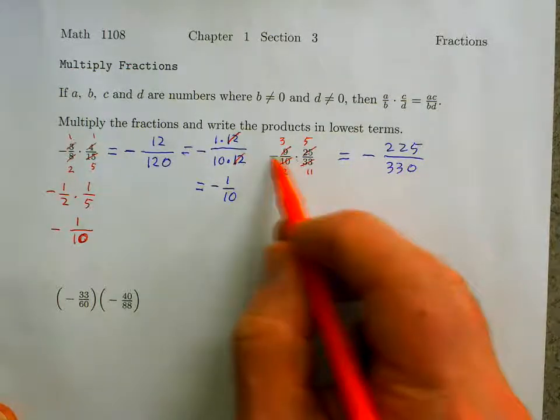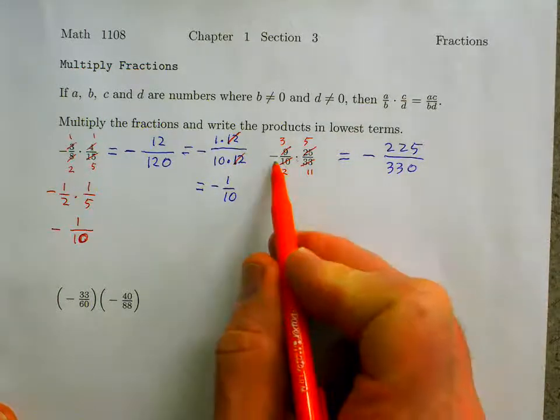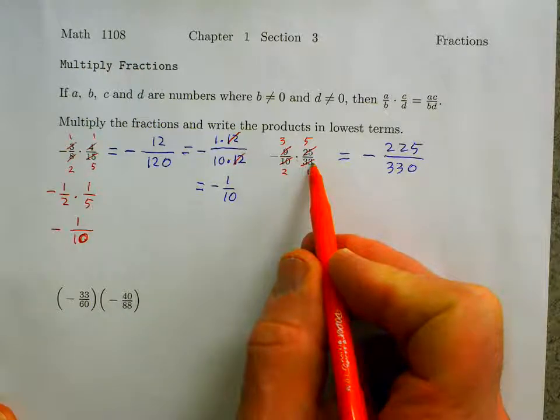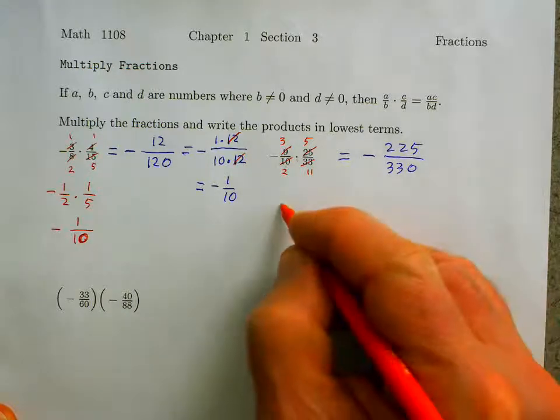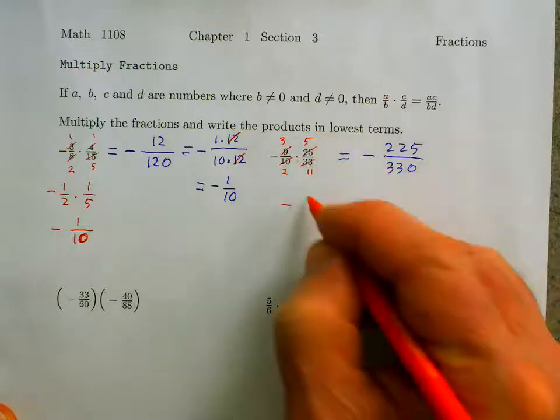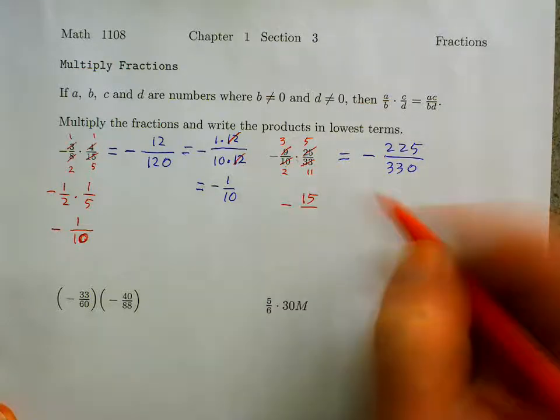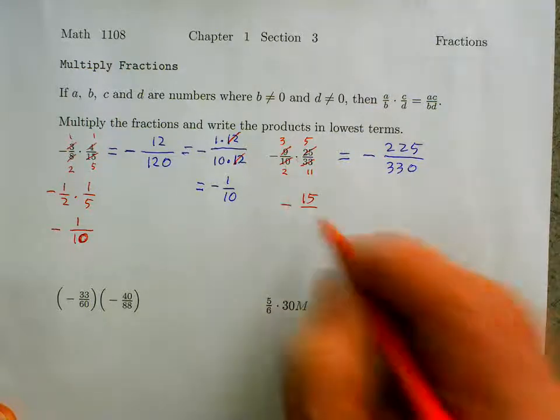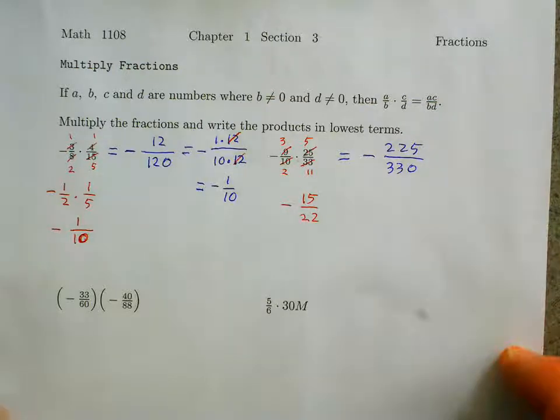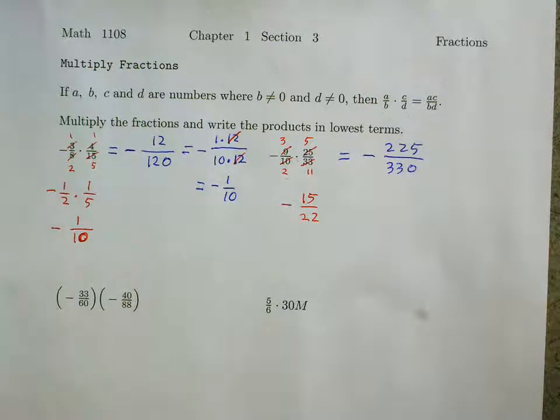And our fraction is negative because we're multiplying a negative number times a positive number. So we get negative 3 times 5 in the numerator is 15. And in the denominator, 2 times 11 is 22. So negative 15 over 22.